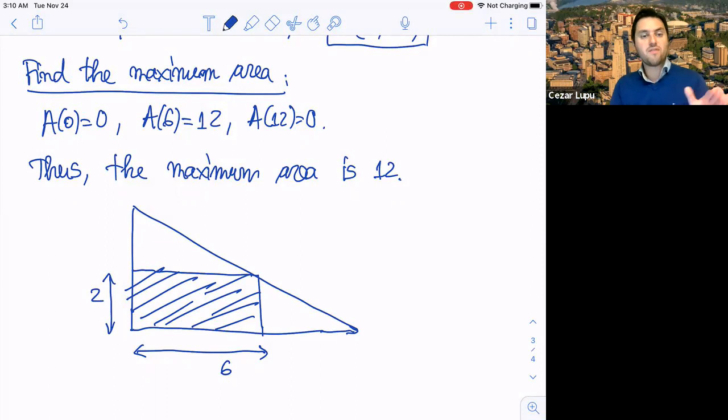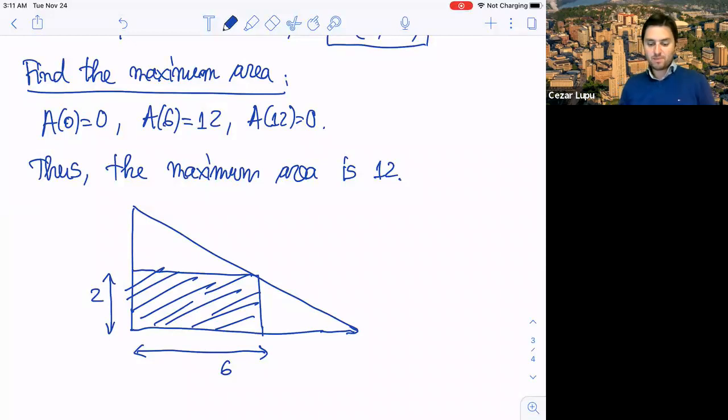Then we evaluate the function at the endpoints and also at the critical number. The largest value found in the previous step is the maximum of the function, and we call this the absolute maximum. I think this picture is pretty clear at this point, right? But it was a bit of a tricky problem.